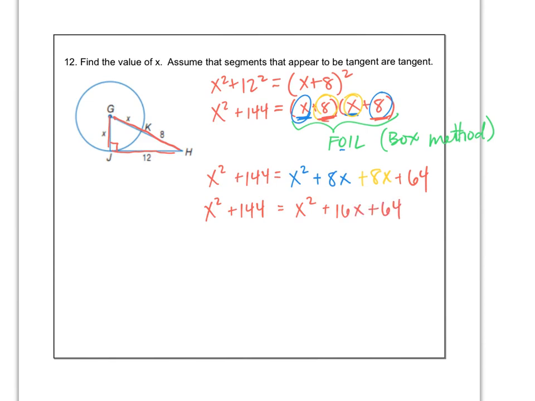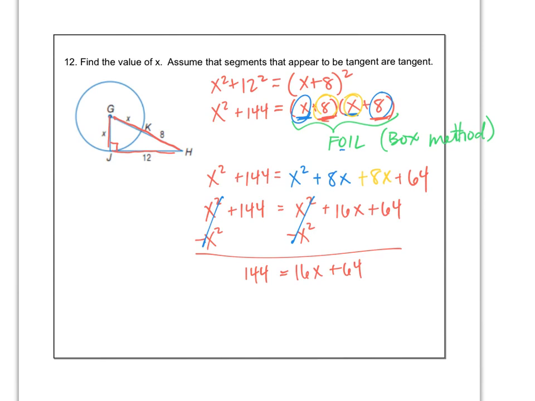Remember, our goal is to solve this for x. So my next thought was, okay, I'm going to try to get this x squared over by the other x squared. What happens is they cancel, which is going to actually make our life easier. So we wind up with 144 equals 16x plus 64. Those x squareds both canceled out.